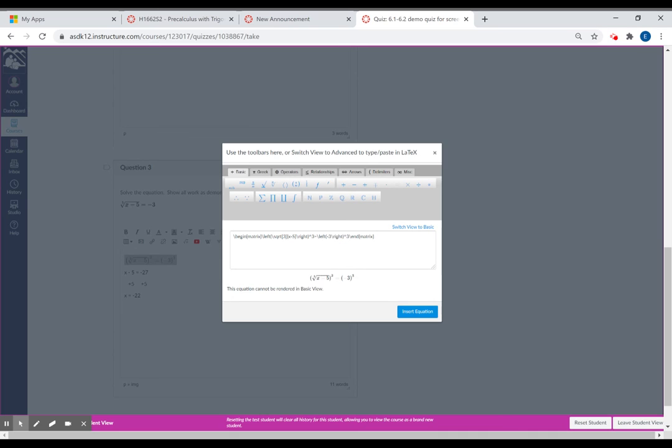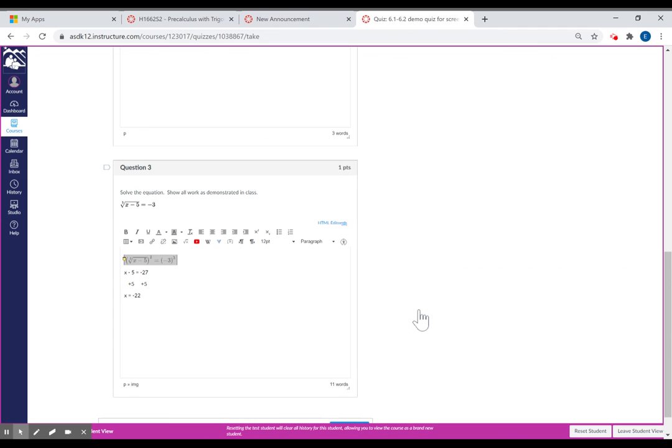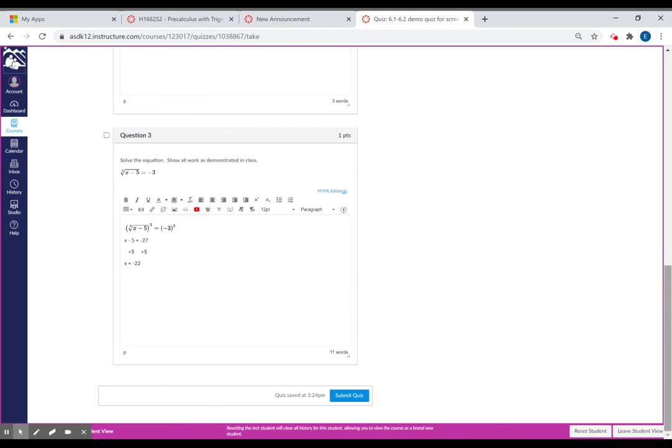And so maybe I forgot, say, a plus sign instead of a minus sign. I could go back to where that minus sign is, and I could fix it and put a plus. So just because you have already inserted something doesn't mean you can't go back and fix it. So please try to take advantage of that. So this was just a short demonstration of using Equation Editor.